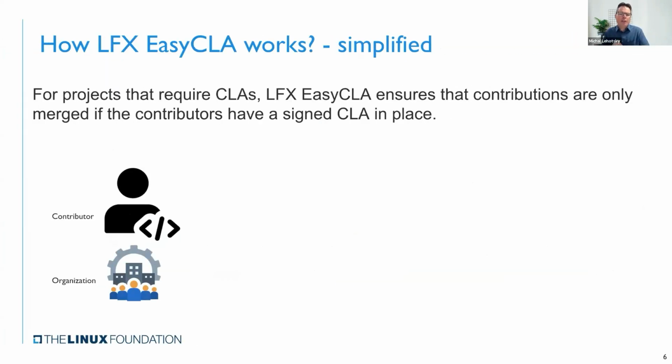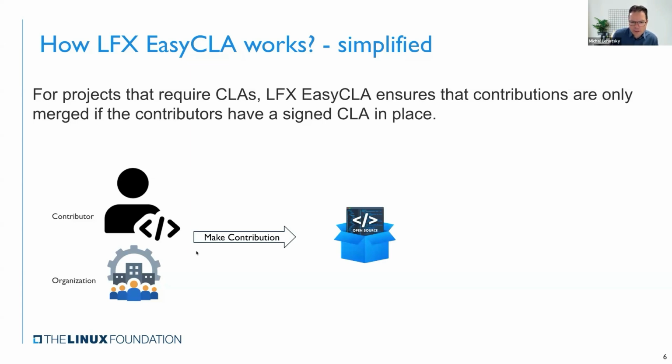So now, how does it really work? I showed you the flow, but how does it really look in real life? So for projects that require CLAs, EasyCLA ensures these contributions are not able to merge until they have a signed CLA. So let's say we have a contributor and we have an organization, and we want to make a contribution to the open source project.